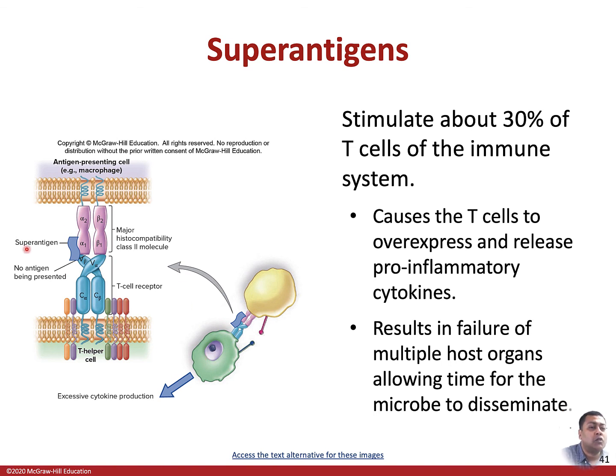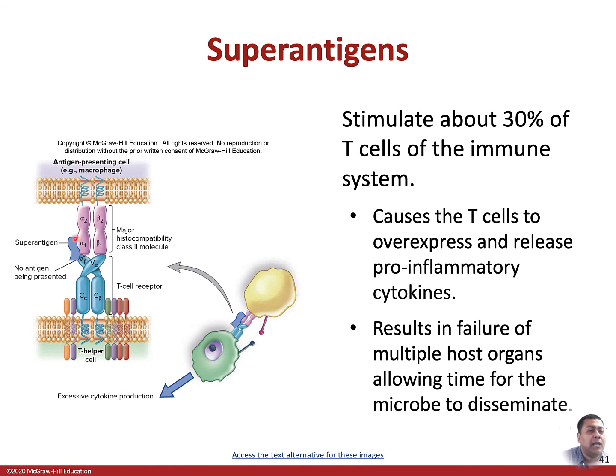But what happens is that a superantigen binds in between the major histocompatibility complex, which presents an antigen to the T cell. So it links the T cell receptor and the major histocompatibility complex. When this happens, the T cell thinks that it has been presented with an antigen, which is not correct. No antigen has been presented, but it is fooled into believing that an antigen has been presented by the antigen presenting cells.